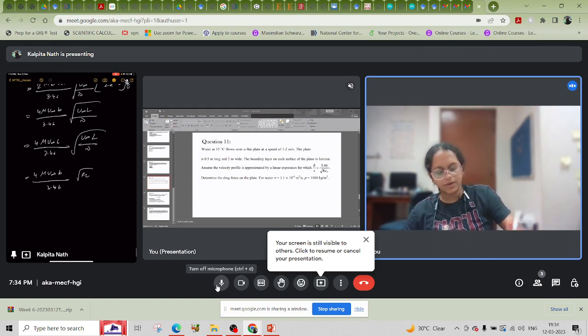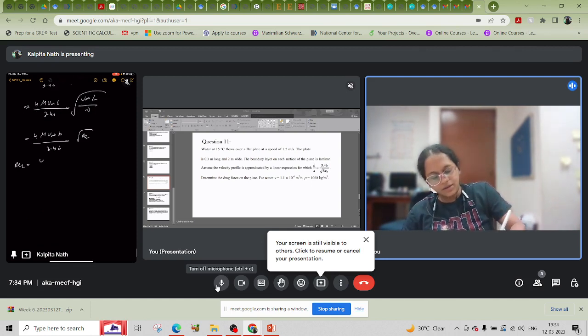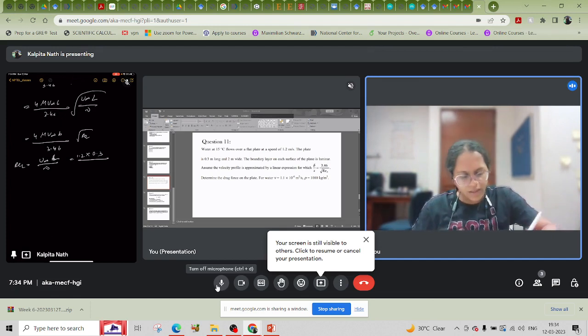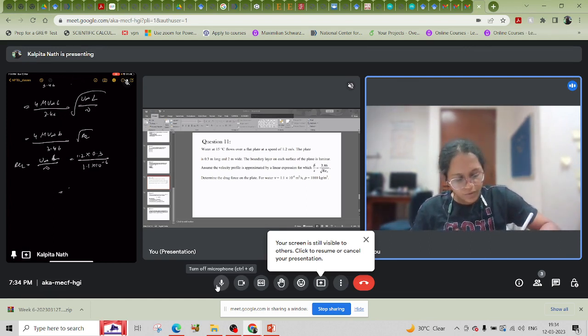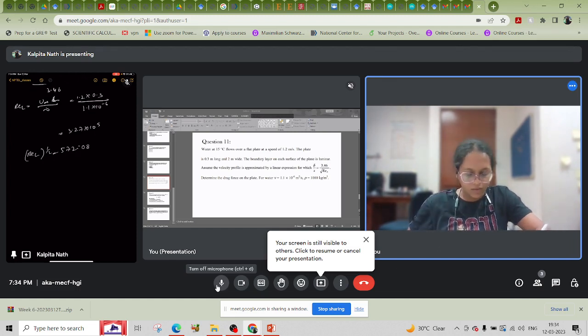This is root over Re L. And Re L is equal to u infinity L by nu, where u infinity is 1.2, L is 0.3 and nu is 1.1 times 10 to the power minus 6. So this is 3.27 times 10 to the power 5. So Re L to the power half is 572.08. Okay.